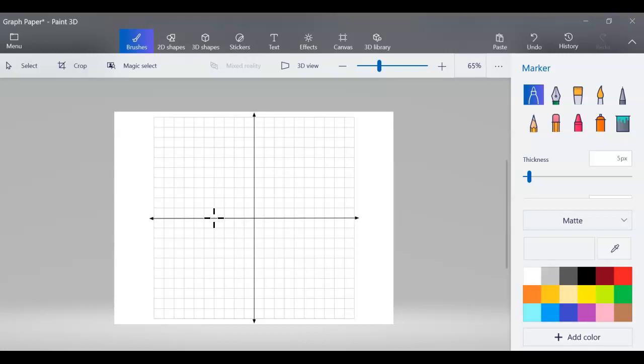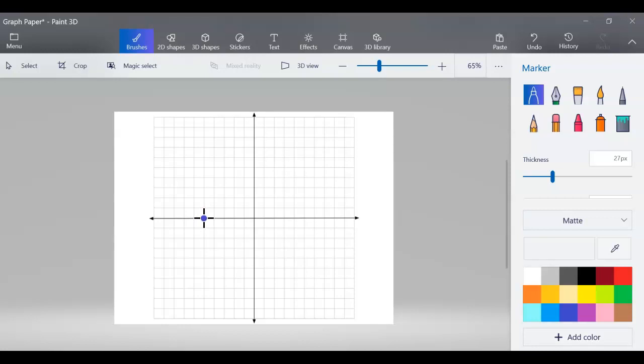The point we're looking for, (-5, 0), is 5 to the left, 0 up and down, that point right there. So that is the point (-5, 0).